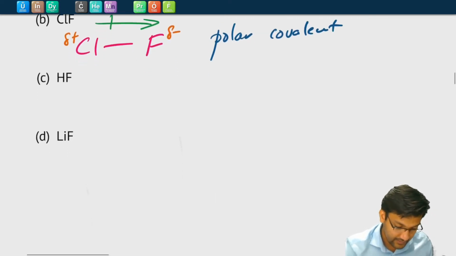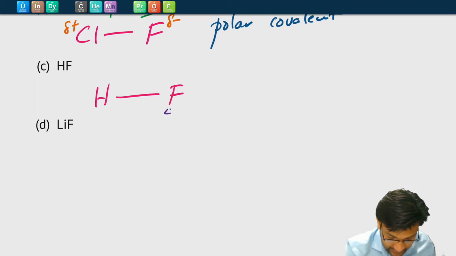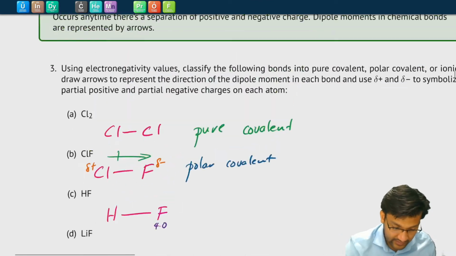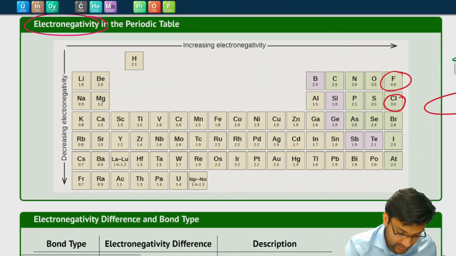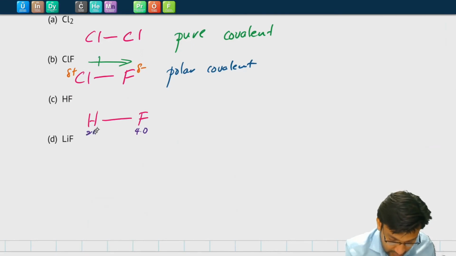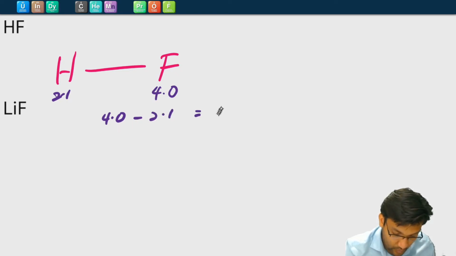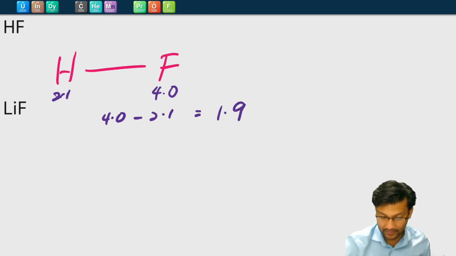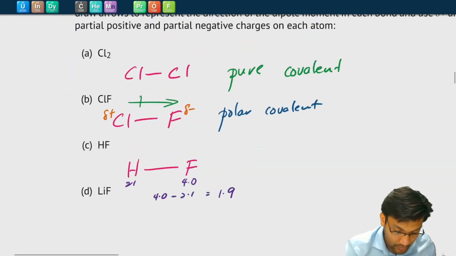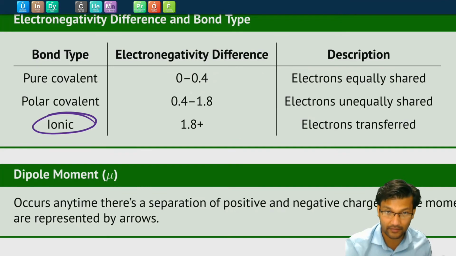All right, let's look at HF. H bonded to F. We already know that fluorine has an electronegativity of 4.0. What's the electronegativity of hydrogen? Let's look at it. It's 2.1. So the difference here is 4.0 minus 2.1. That gives us a difference of 1.9, if my math is correct. So 1.9, if we'll see here, actually falls in the ionic category.